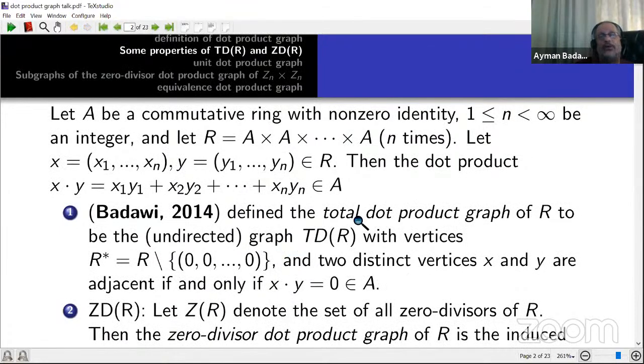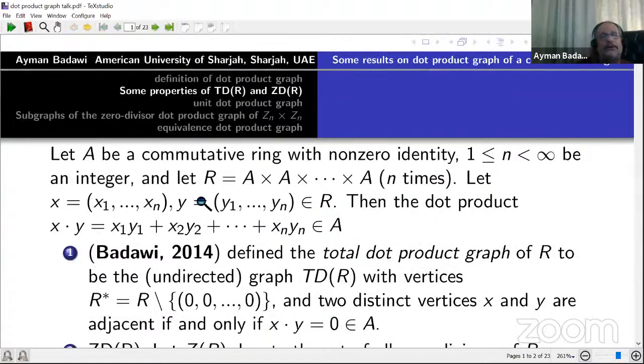So what do we mean with the total dot product? For the total dot product, we take the vertices to be R star. That means R take away the zero element. And remember that R is the product of A, n times: A times A times A times A times A, n times.